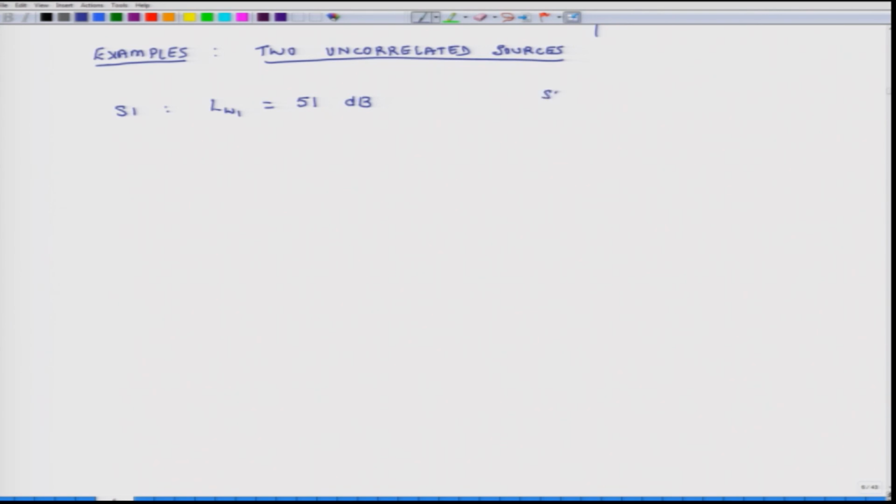And then I have a source S2, it generates LW2 and that is equal to 55 dB. So, these are sound power levels. So, then the question is, total LW in presence of S1 and S2 is how much? When both the sources are active, what is the overall sound power level?